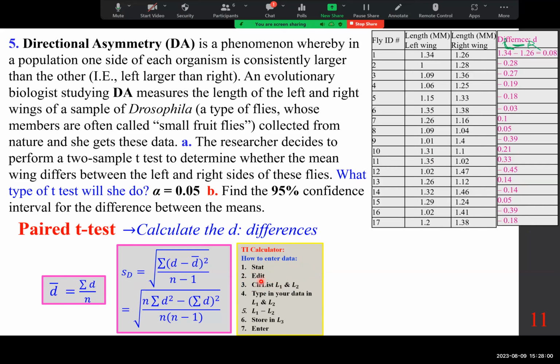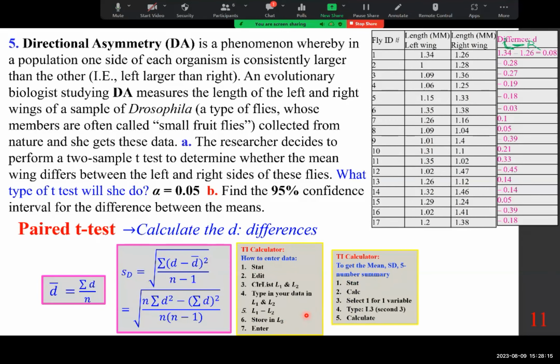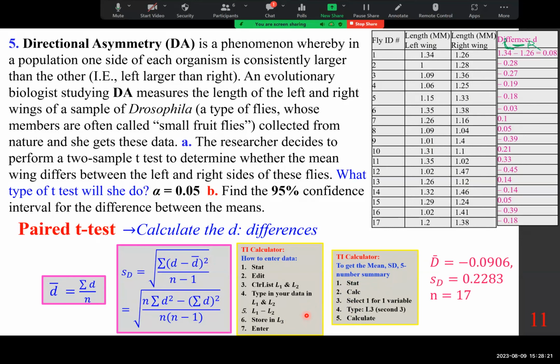Stat, edit, first you clear the lists L1 and L2. Here's L1, here's L2, and we are interested in L1 minus L2, and we store it in L sub 3. And then we do the calculation, and it gives us the D bar, which is the same as X bar, S sub D, which is the same as S, and N, of course, we knew it was 17.